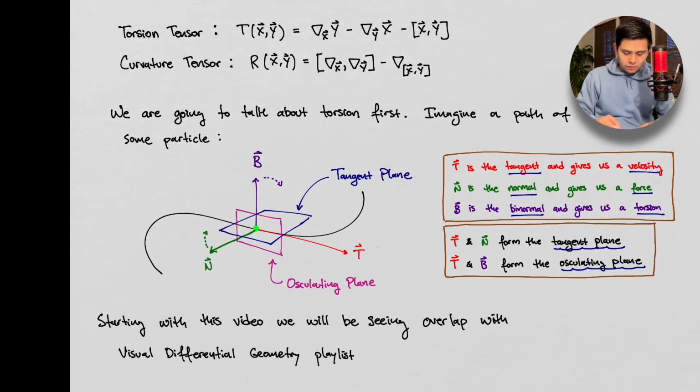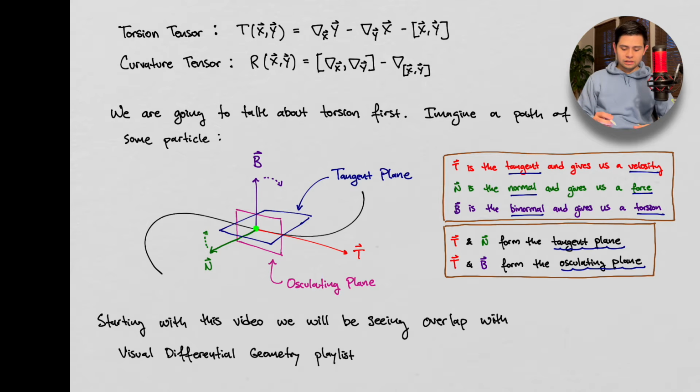Okay, so how are we going to picture these things? When we talk about torsion, we want to sort of put this within a physical context, right?